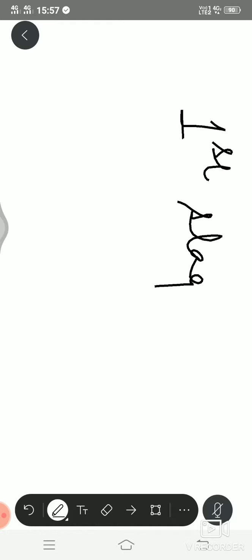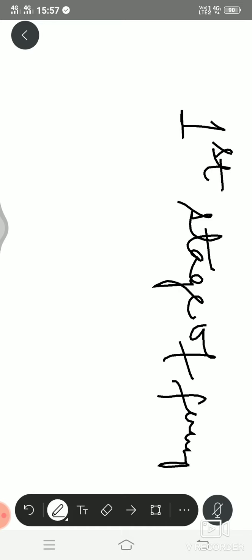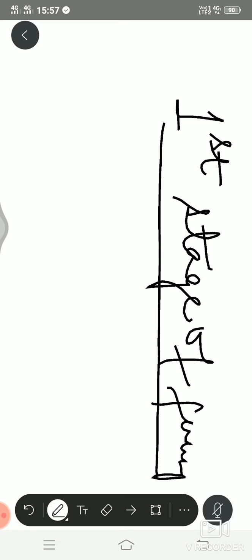Okay, so we are discussing right now the first stage of firing. What is the sequence of firing? That is 6-1. So look at your main diagram. 6-1 is connected with the upper group, that is your phase A, and 6 is connected with the lower group.